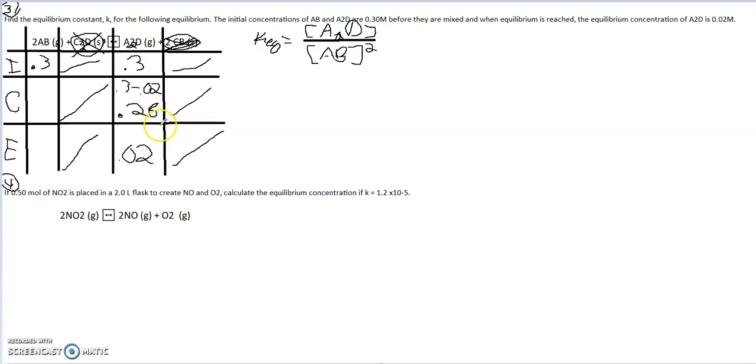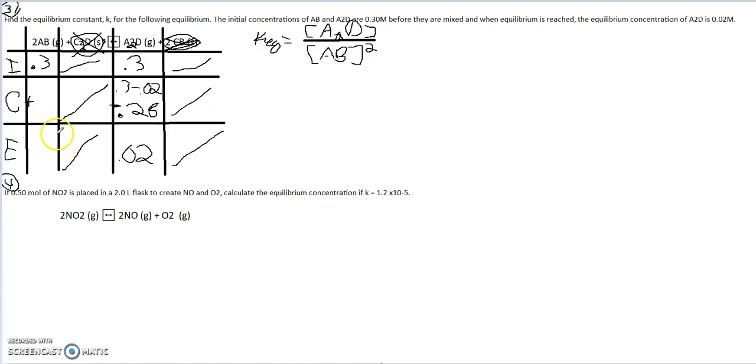So if we have subtracted effectively, because this is subtraction here, and you know that because it went from 0.3 to 0.02, we've subtracted 0.28 moles per liter to get from here to here. So it makes sense that if we're subtracting a concentration here, we should probably be adding a concentration over here, which means that this change in concentration is going to be a positive number.